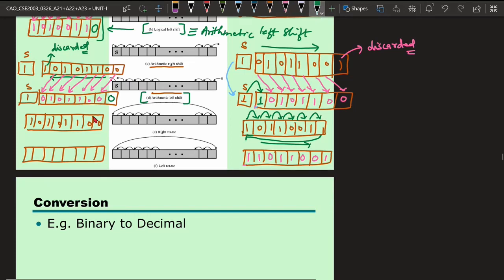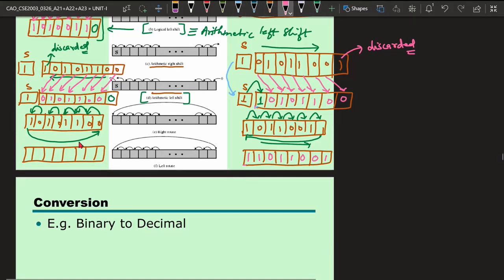Moving left means we are going to move the content to the left side, and whatever data is available at the end, instead of being discarded as in the previous cases, will be moving to this location.